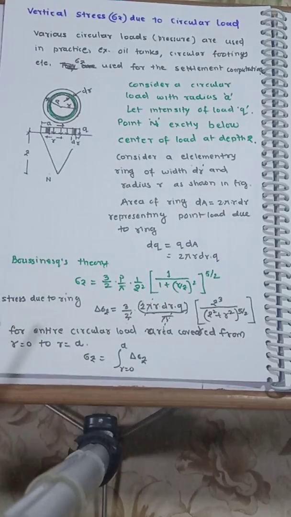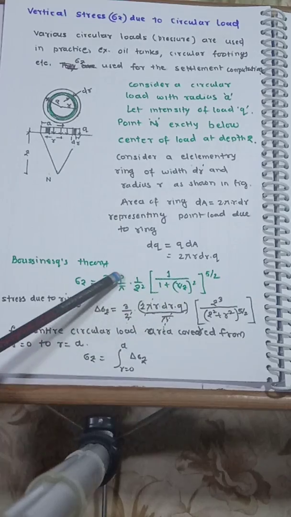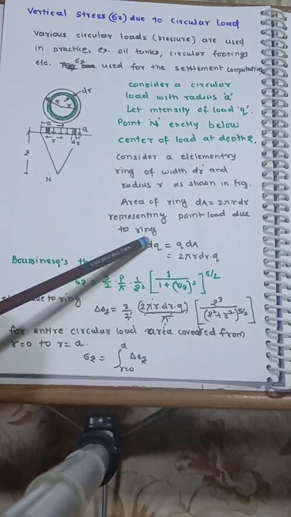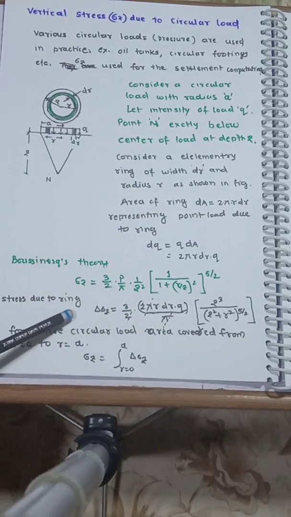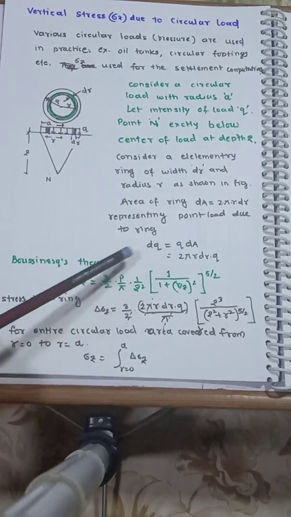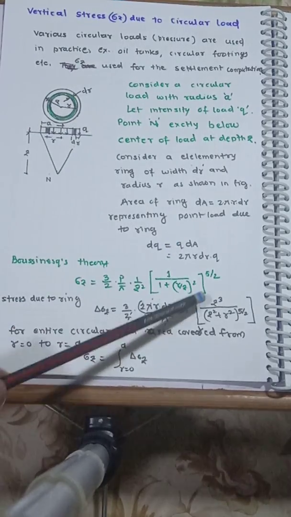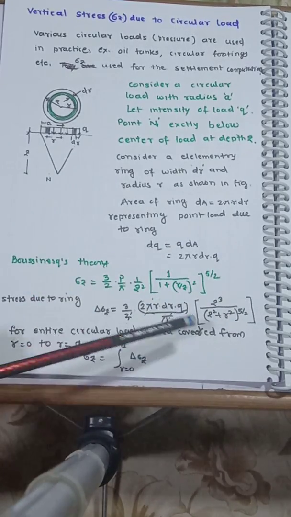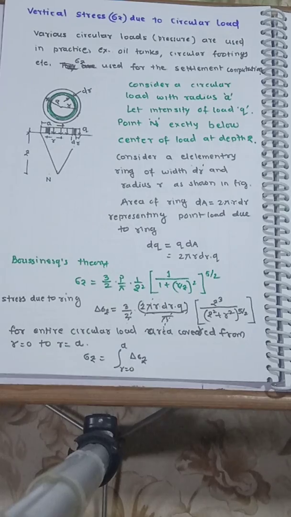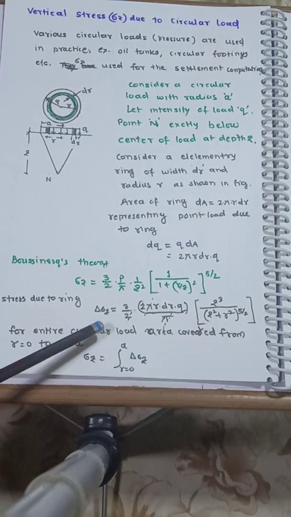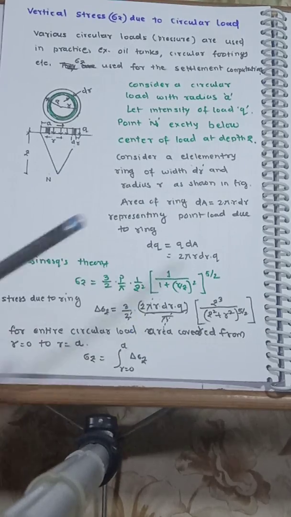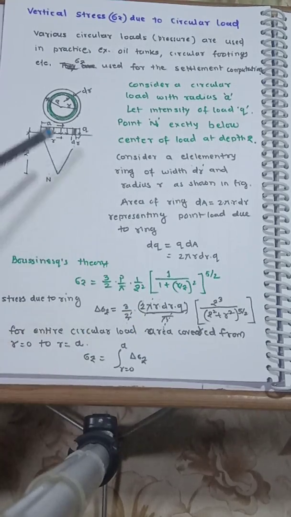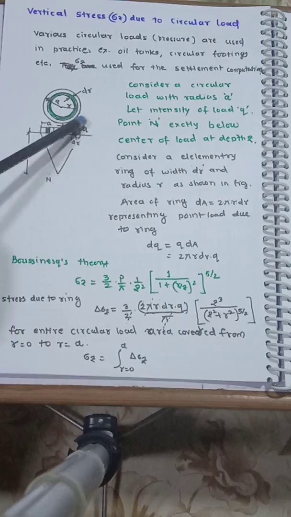Now using the Boussinesq equation, this P can be substituted, delta q. Therefore the stress developed for the ring is delta sigma z. So substituting this P and simplifying, the expression is in the form of z cube upon z square plus r square to the power 5 by 2, and integrating this, our radius r goes from 0 to a.